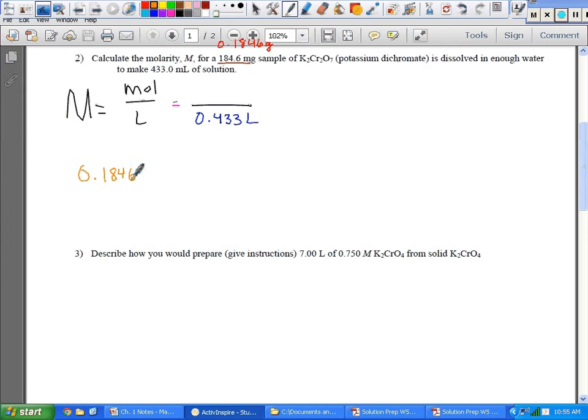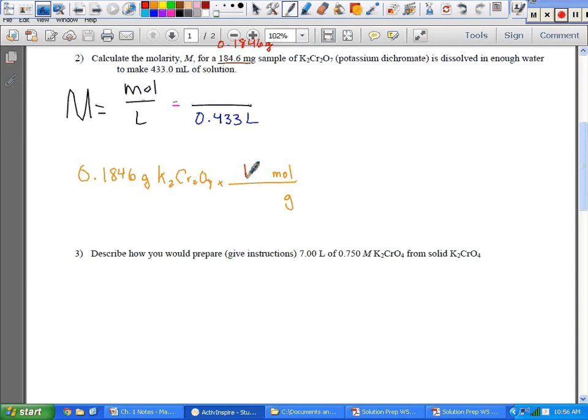So 0.1846 grams K2Cr2O7. Okay. So 1. What will go in the grams location?